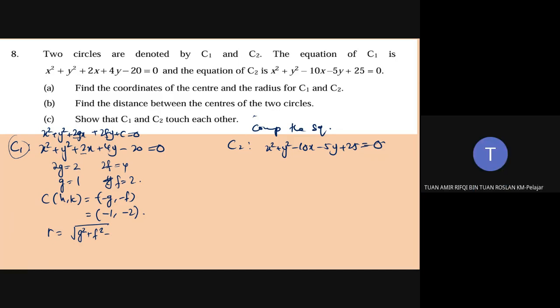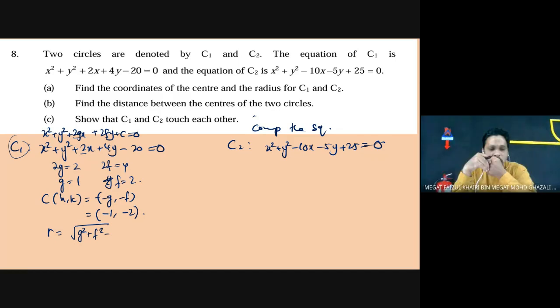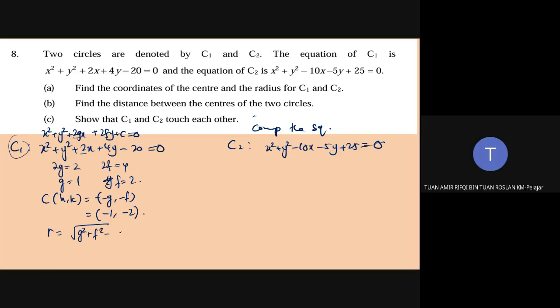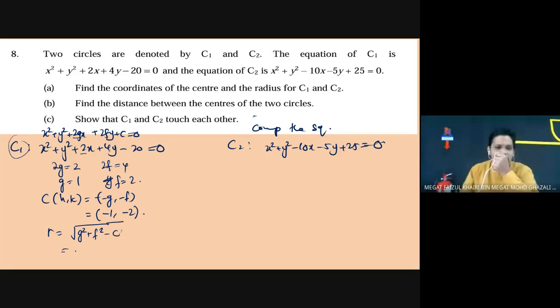Minus 20, sir. Hmm? No, what is the formula of the radius? Square root of g squared plus f squared minus c. So it is now square root of g squared.